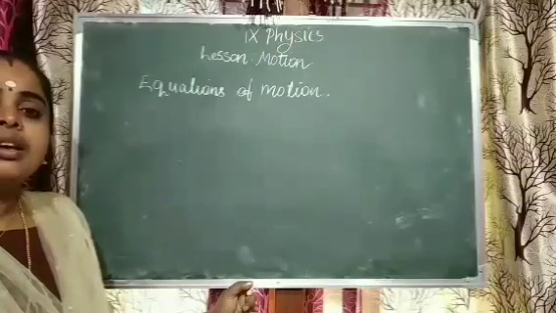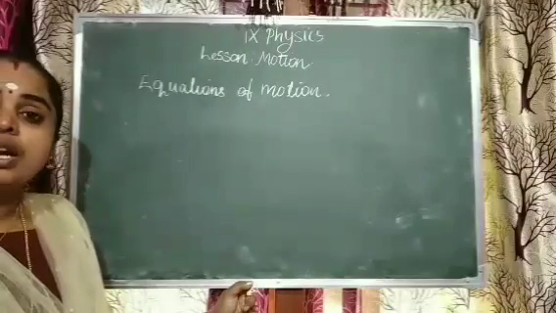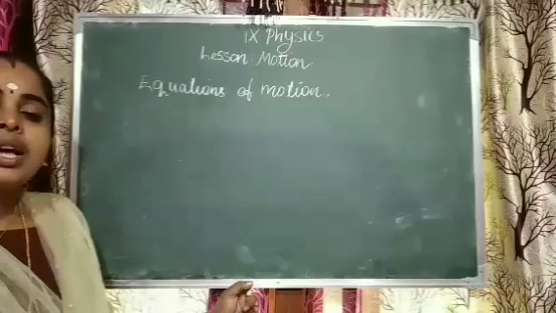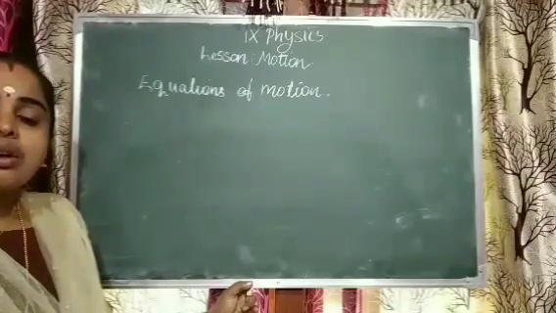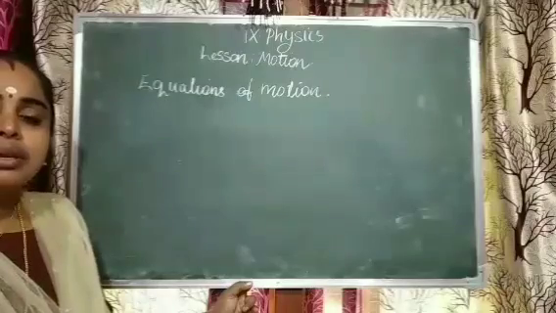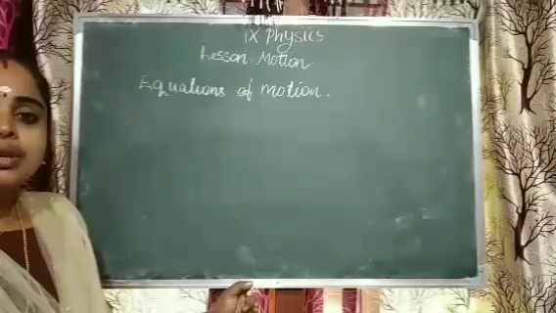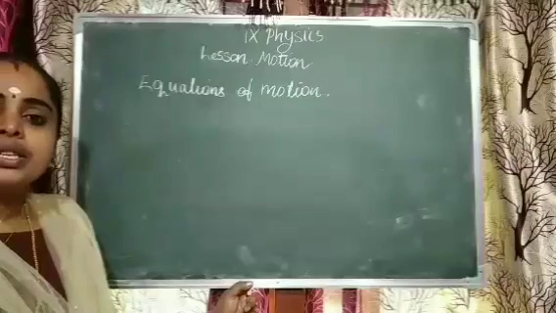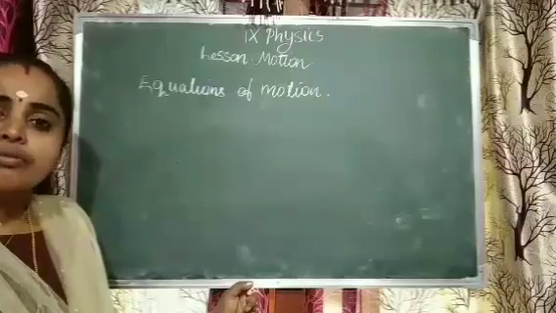Then it is possible to connect its velocity, acceleration, and the distance travelled during a particular time interval by using a set of equations. These equations are called equations of motion.